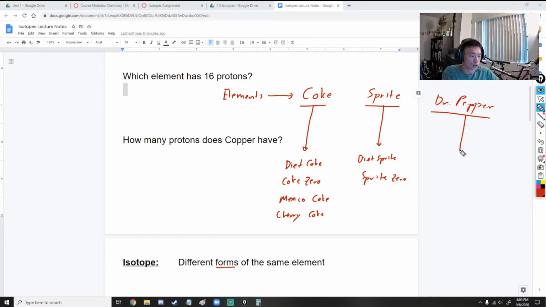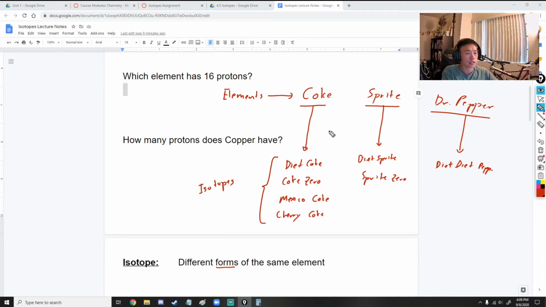We also know for Dr. Pepper, there's Diet Dr. Pepper. Let's not go through all of these, but you get the point. Different sodas have different types of the same soda, and these different types of soda you can almost think of as isotopes.